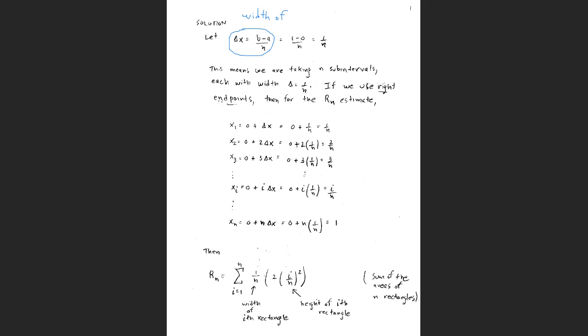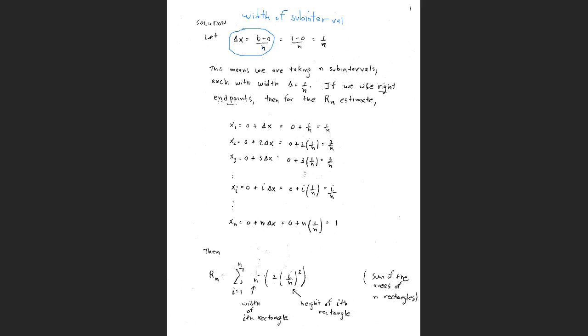Every subinterval is going to have the same width. We want to find the width of the subinterval, but we like to do it easily. So all you need to do is b minus a over n.